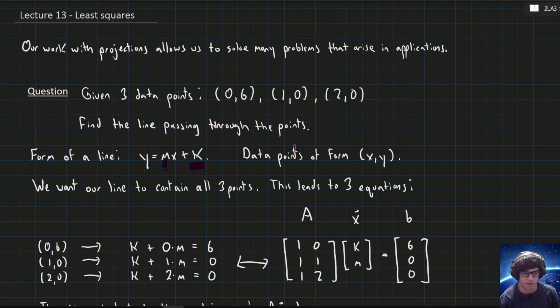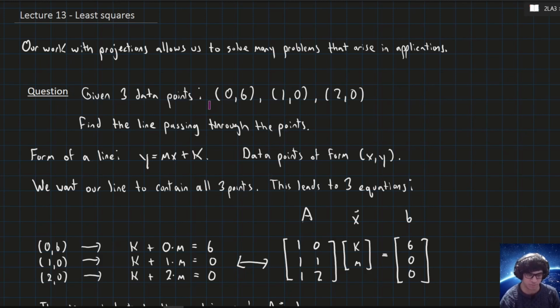We're going to interpret these data points as being the x coordinate and then the y coordinate. So we want our line to contain all 3 points. This leads to 3 equations.